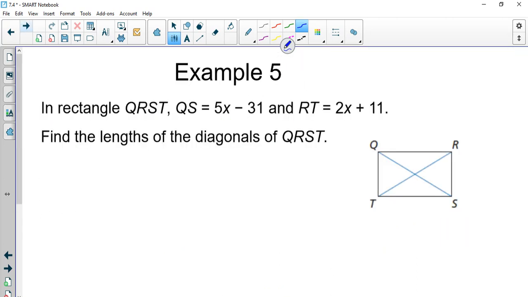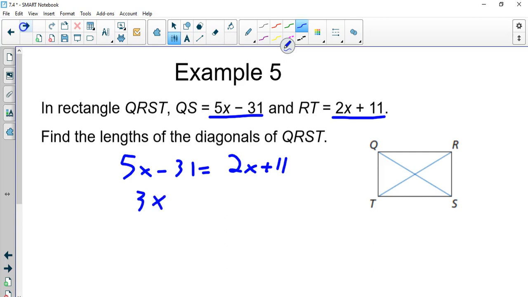All right, and we're almost getting there. So right here, in a rectangle QRST, we have QS and RT, which are diagonals. Find the lengths. Well, if they are truly diagonals of a rectangle, they are equal to each other. If they're equal to each other, we just solve.